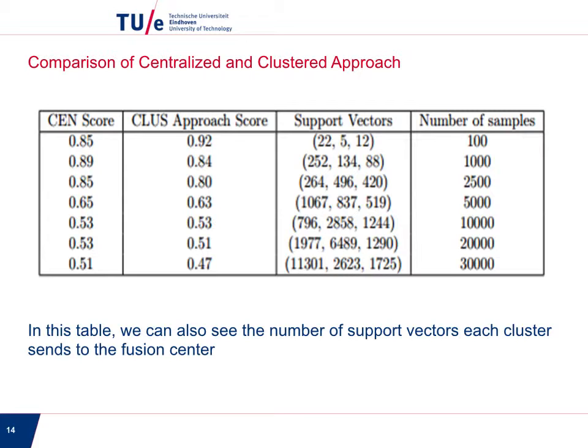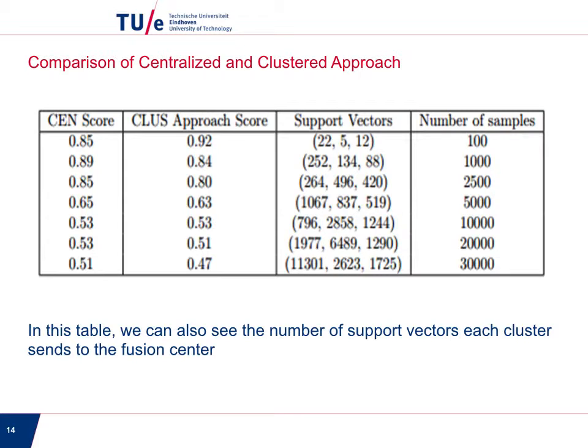So for again this case, 11,301 are the number of support vectors that cluster 1 sends. 2,623 are the number of support vectors that the second cluster sends, and the third cluster sends around 17,025 support vectors. So the fusion center receives around 15,700 support vectors. In comparison to that, the centralized approach sends all the 30,000 samples to the fusion center.